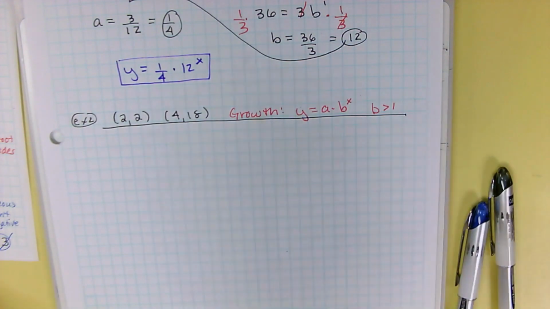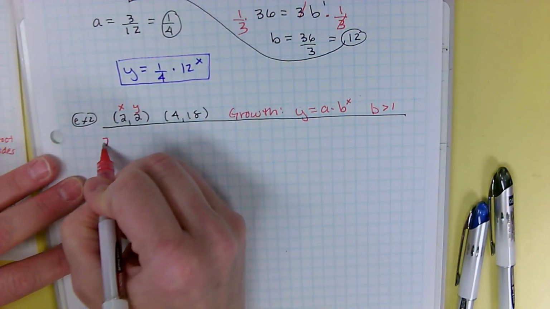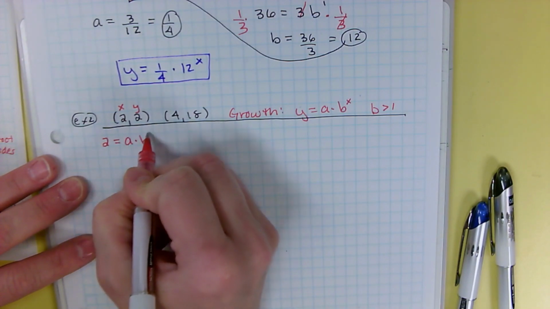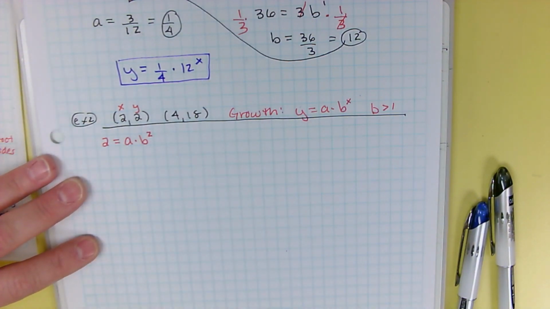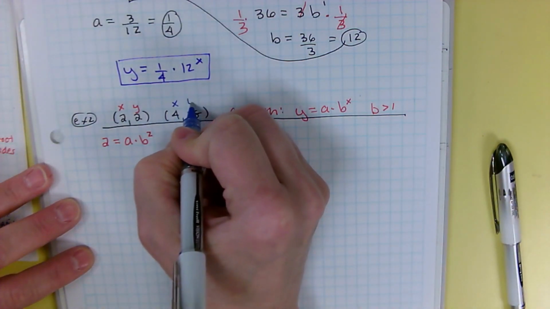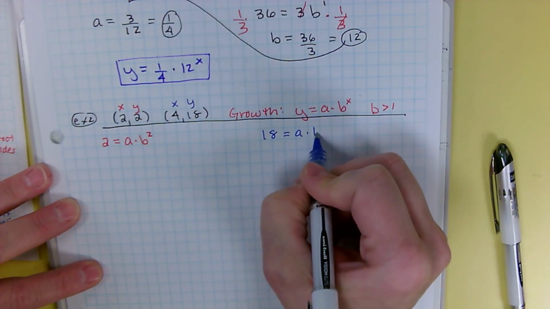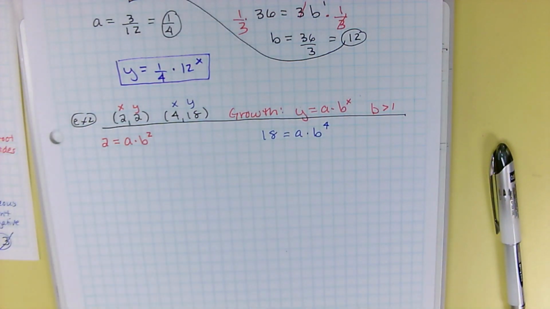Okay, so we're going to substitute 2 and 2 in for x and y. So 2 equals a times b to the 2. And then the second equation, we're going to substitute in for x and y. We get 18 equals a times b to the 4th.